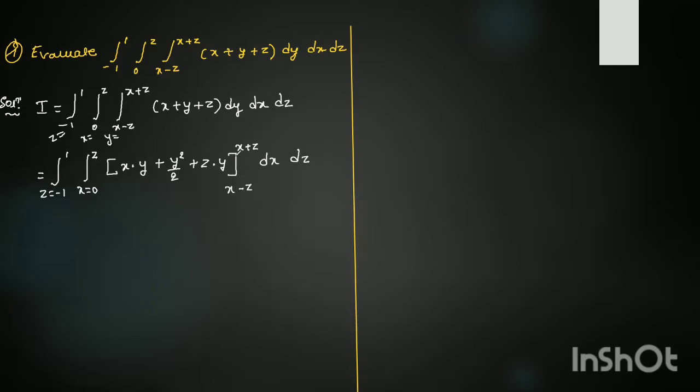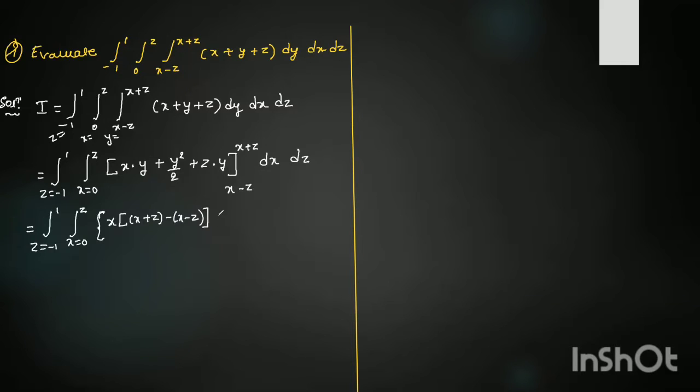In place of y, x plus z and x minus z. So let us substitute both limits in the first term, then the second term, then the third term. This is equal to z equal to -1 to 1 and x equal to 0 to z. First term, I keep x as it is, and in place of y, it is x plus z, the upper limit, minus x minus z.